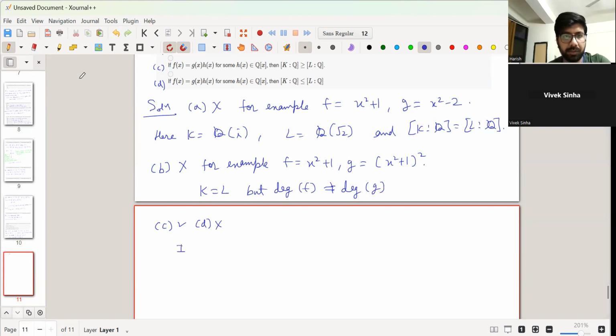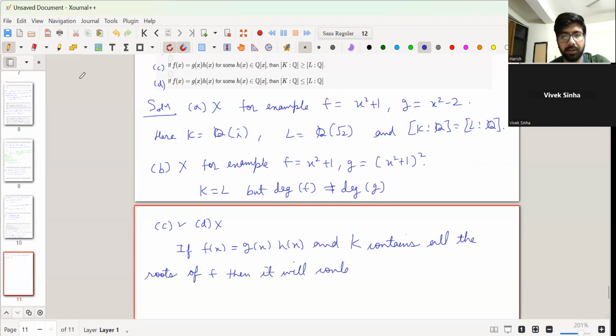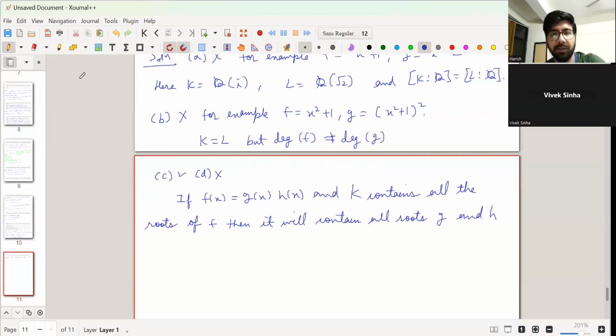We say if f(x) equals g(x) h(x) and this capital K contains all the roots of f, then it will definitely contain all roots of g and h as well, right? Because they are just factors of f.